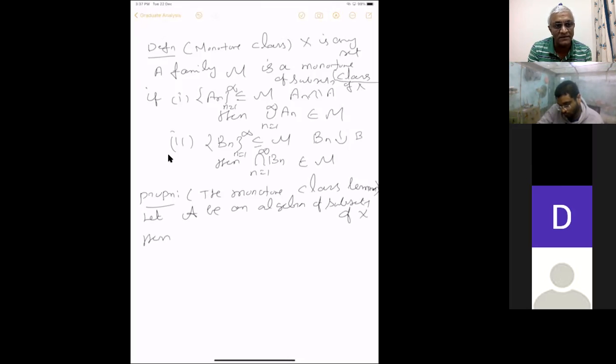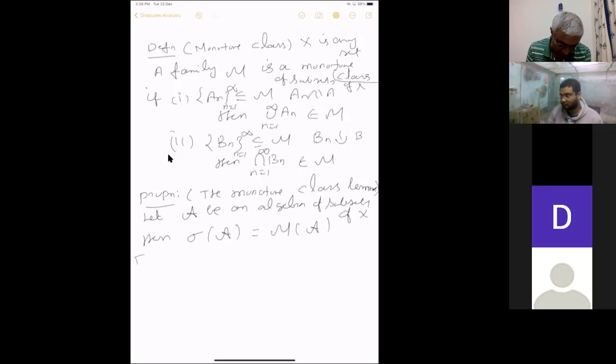It is just the smallest sigma algebra containing that class, which is also the same as taking the intersection of all sigma algebras containing it. So that will be the smallest one, so it's well defined. And the sigma algebra generated by A is also the same as the monotone class generated by A.